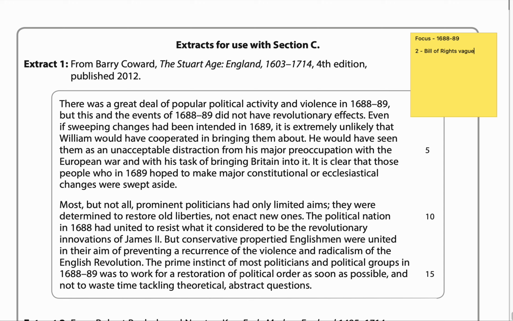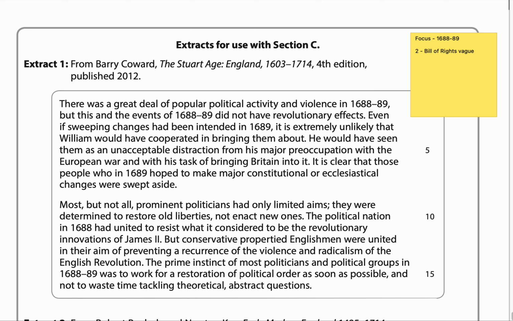Okay, so it said that, for example, there should be free and fair elections, but it didn't say what that meant, and it didn't have any mechanisms of enforcement, like what would happen if William didn't go along with that. Okay, so the Bill of Rights is vague, therefore that supports Coward's argument that the Glorious Revolution did not have revolutionary effects. Okay, and we're aiming for about 3 quotes per paragraph.